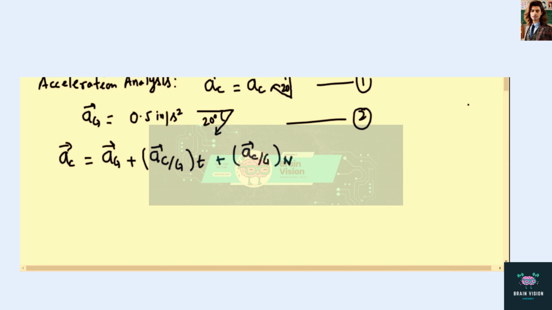Now we will write the values. The acceleration of C is in the direction 20 degree.